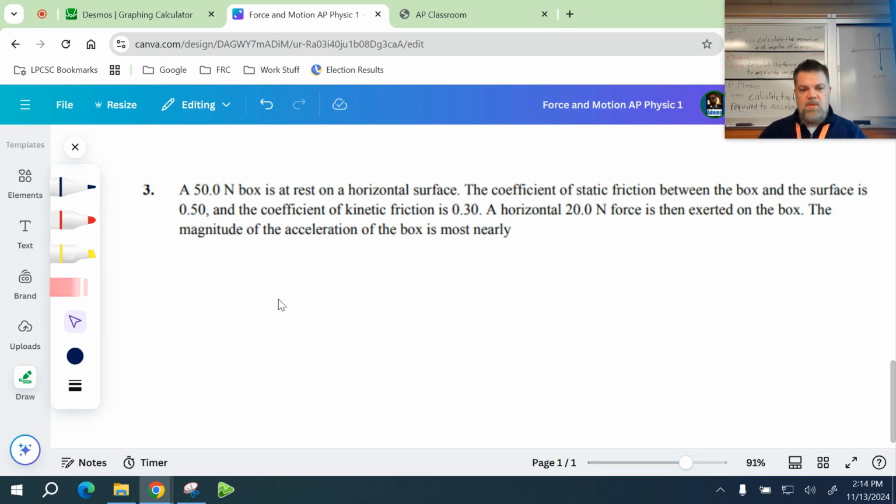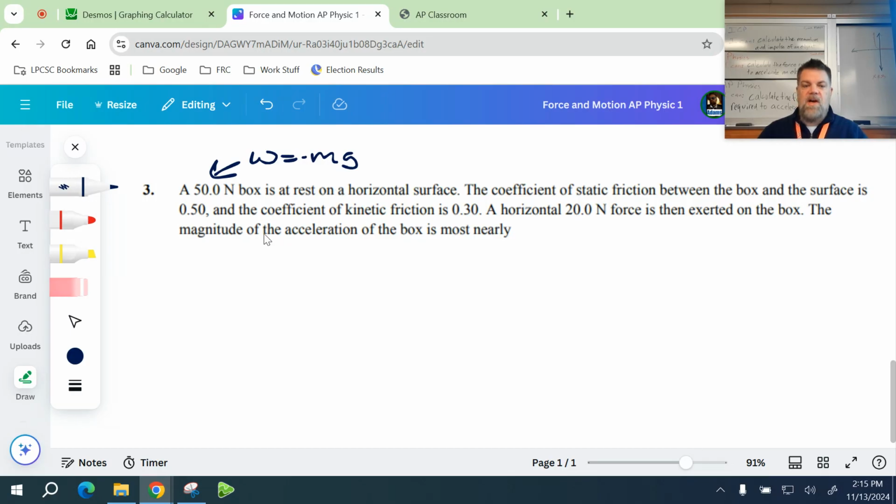So anyways, problem number 3, it says we have a 50 Newton box at rest. Now remember, when they say 50 Newton box, they're talking about the weight of the box, which is mg. And if we think of it in terms of force, there's usually a negative associated with it. Well, we don't know yet. It might be at an angle.